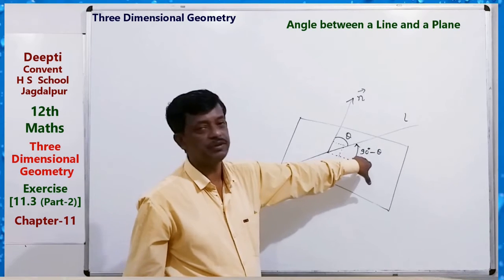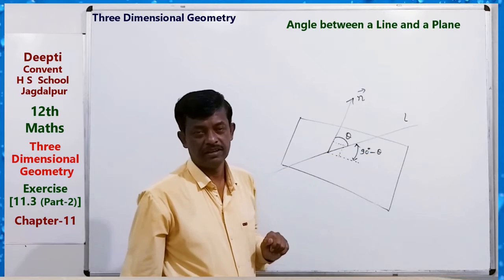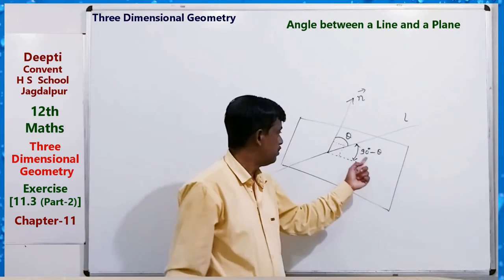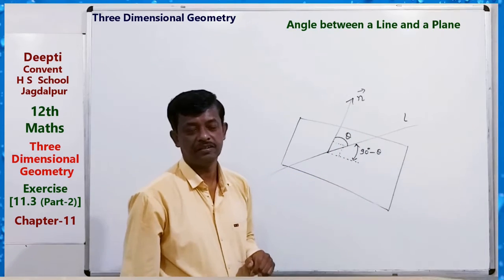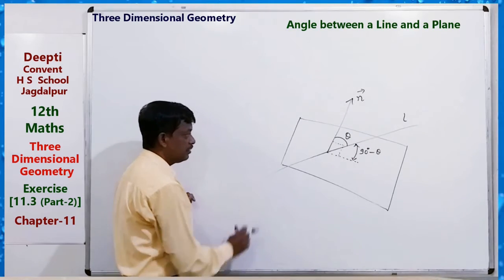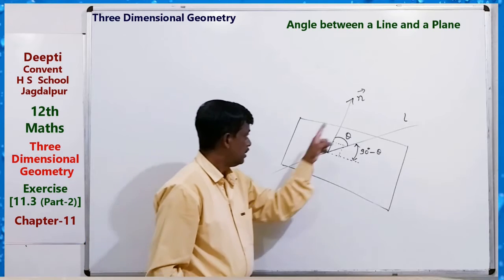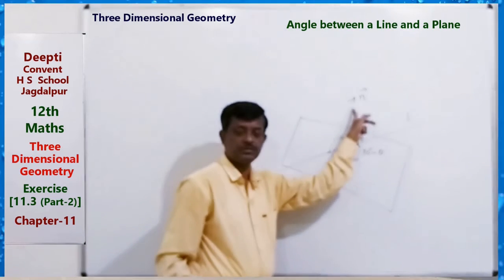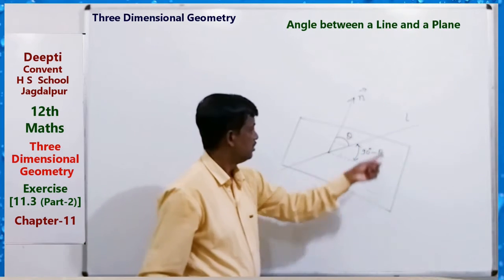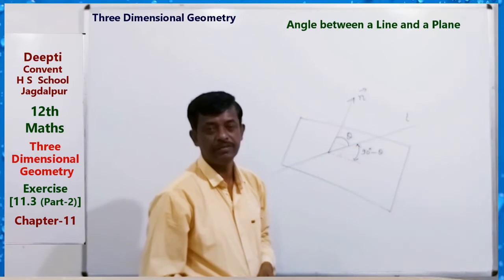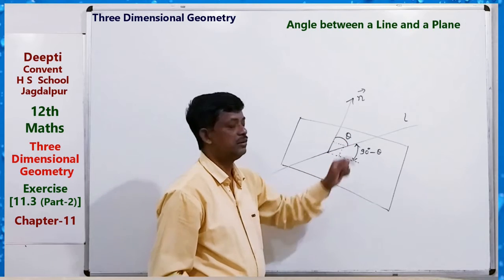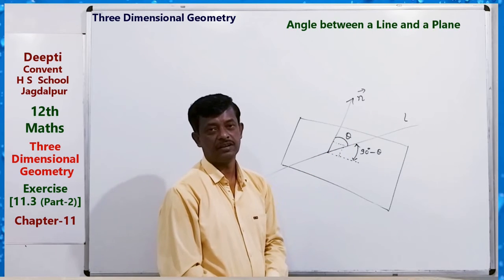So this is the angle between line and plane, that is the complement of theta. Theta is the angle between the normal and the line. Its direction ratios, suppose A, B, C, will be given, and then we can find the angle theta.